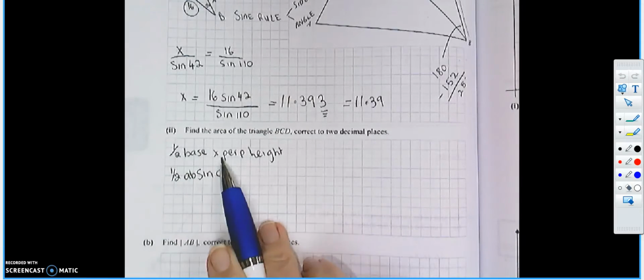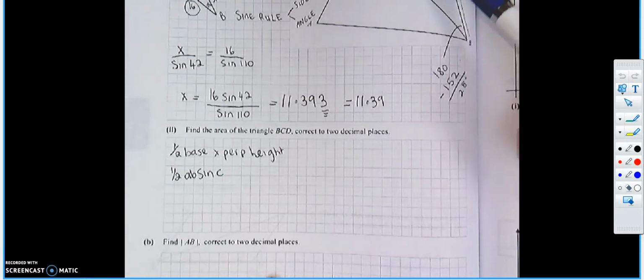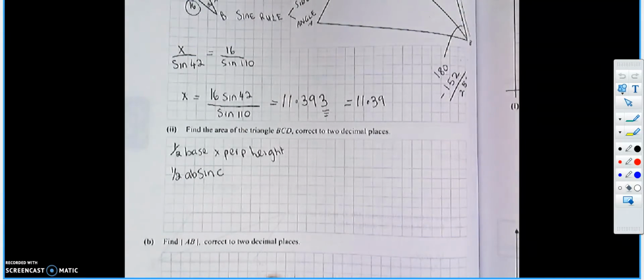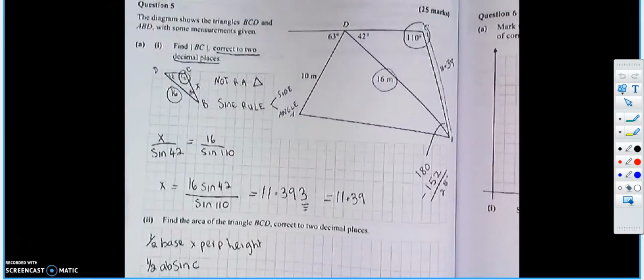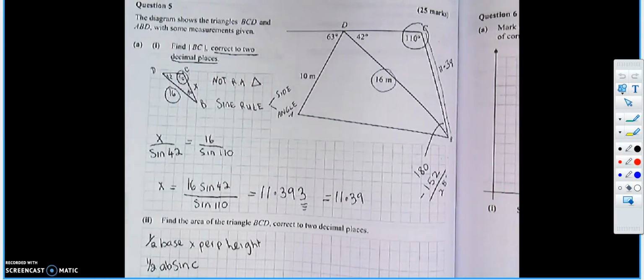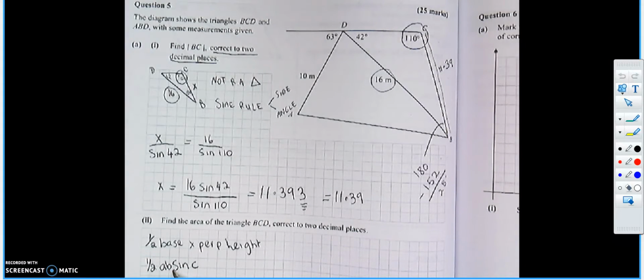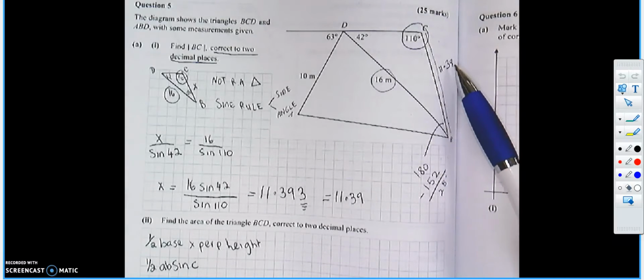For half the base by the perpendicular height, I have not got a perpendicular height for this triangle because I have got no 90 degrees. So instead I'm going to use my half AB sine C rule. This translates into half the length of a side, times the length of another side, times the sine of the angle in between.